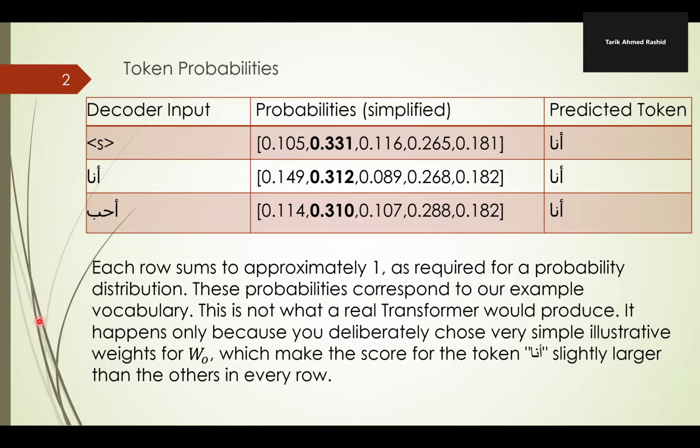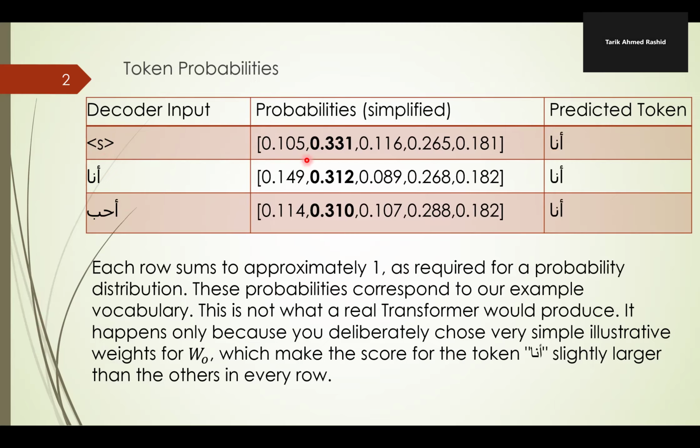أنا أحب Rojava. This is the final output from the decoder, the last stage, softmax. You can see the probability distribution for token S and token ANA and token AHAB.